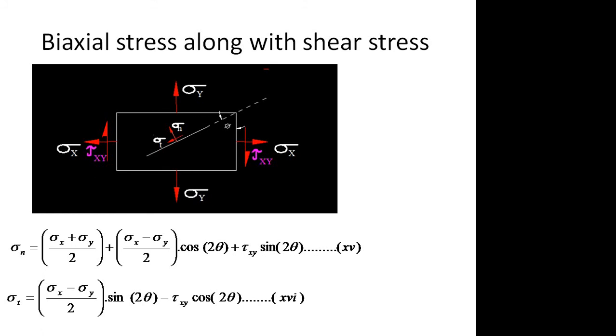But here we cannot say at which angle it will be maximum. The maximum values of sigma n and sigma t depend upon tau xy. So depending upon tau xy, this will vary, right?